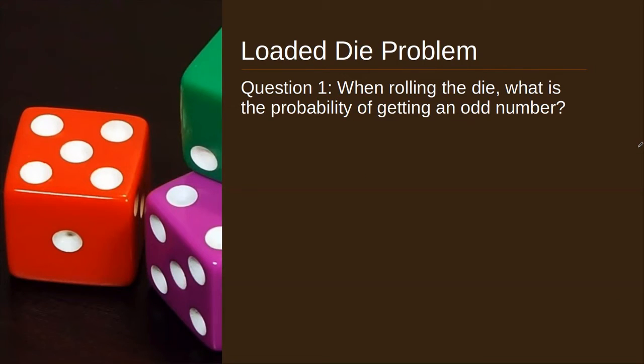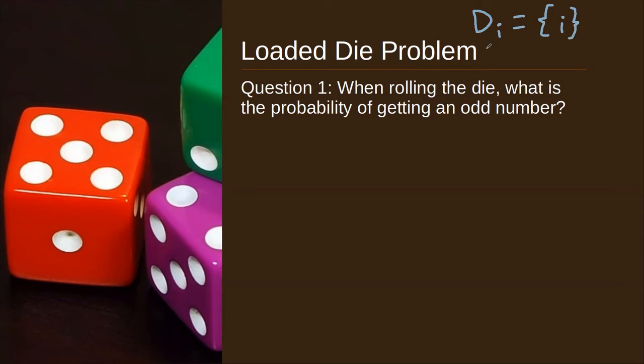Now we will try to solve this problem using Kolmogorov's axiom. To begin, I will define an event that I'm going to call di. And this is the event that only contains a single outcome, namely i.